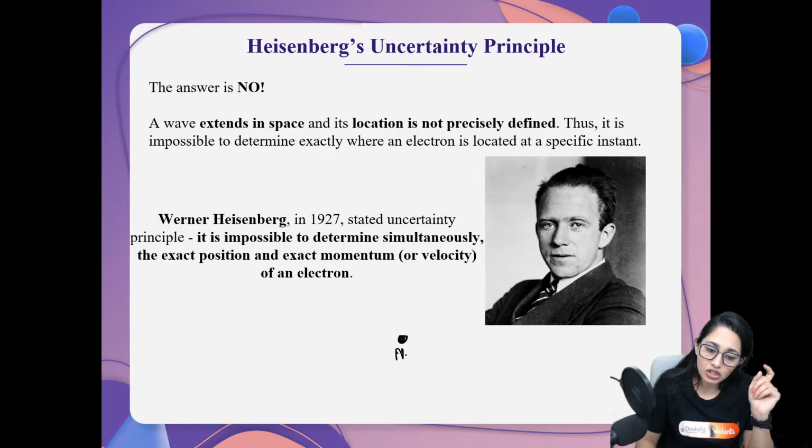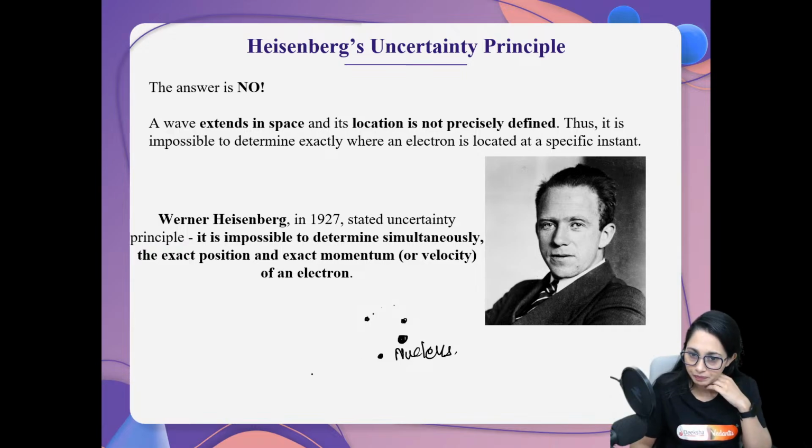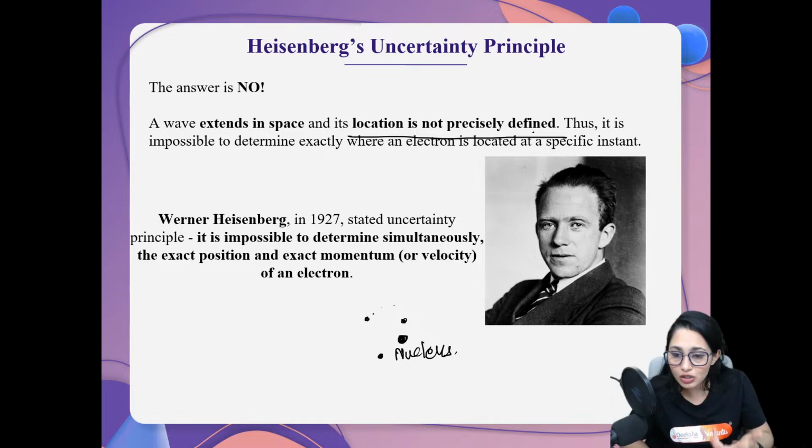This is the nucleus of an atom. Okay. So, electron could be here or electron could be here, or at some point electron could be here. Okay, so the location is not precisely defined. This is what exactly was told by Heisenberg. Okay, Heisenberg told that the location is not precisely defined for electrons.